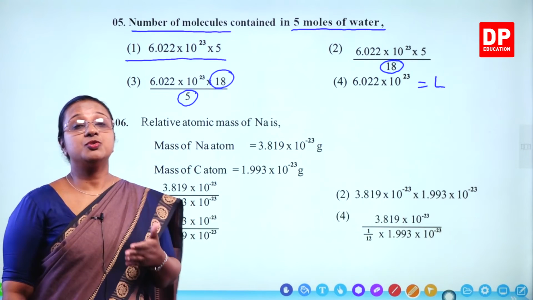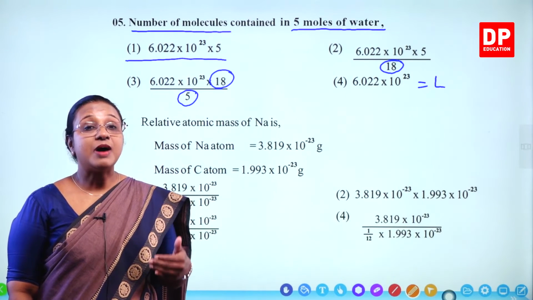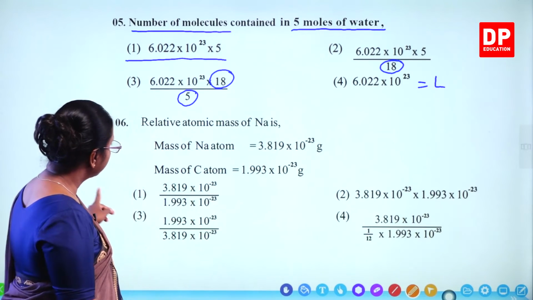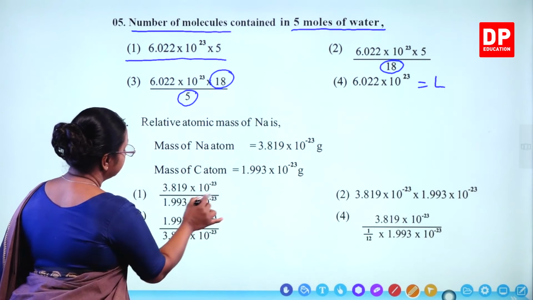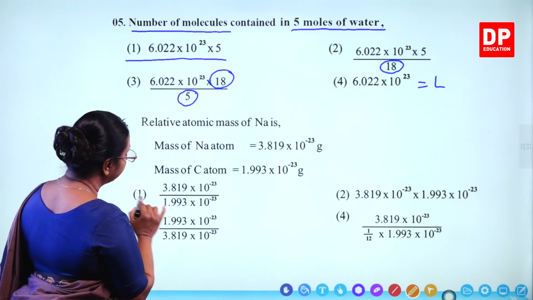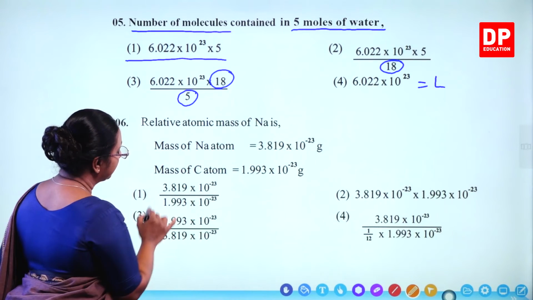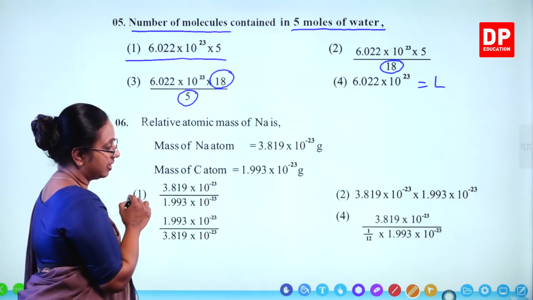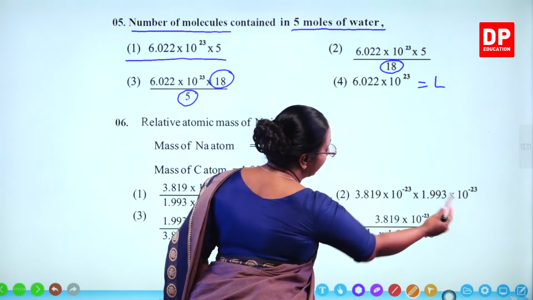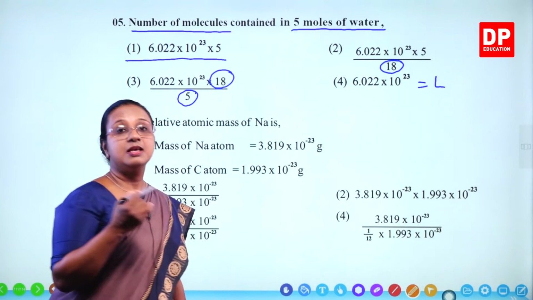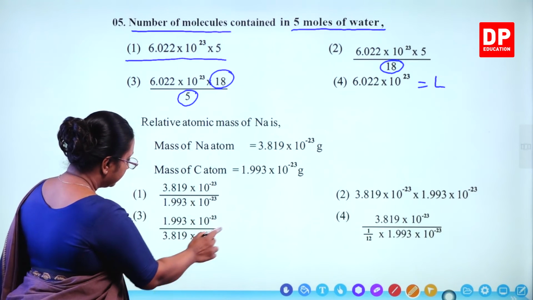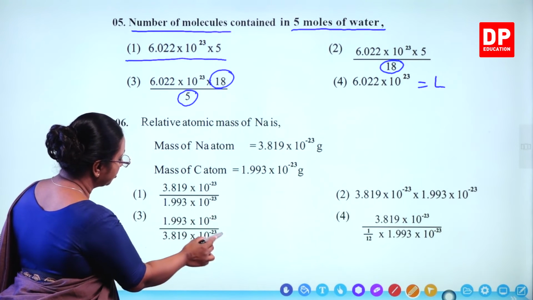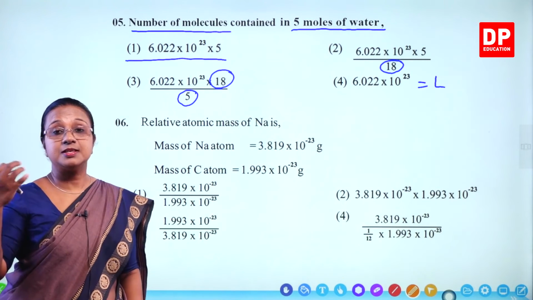Mass of an atom of sodium divided by 1/12 the mass of carbon-12 atom. So here this is mass of sodium atom, correct? This is the mass of carbon atom, but there is no 1/12. So that is not correct. Here if you see, they have multiplied the masses. That is also not correct. Then here again, it's the other way around. Mass of carbon is on top, mass of sodium is at the bottom.